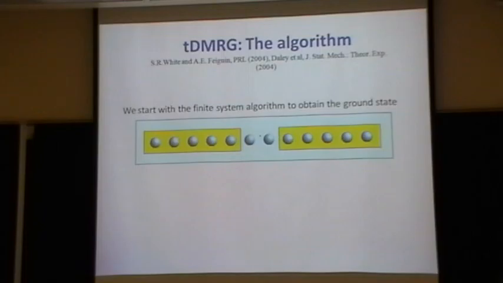Let's start with some state. Let's assume that we are actually starting from the ground state of some Hamiltonian. We did our DMRG and we calculated the ground state, and we ended up with this setup, the symmetric configuration, and a nice ground state.